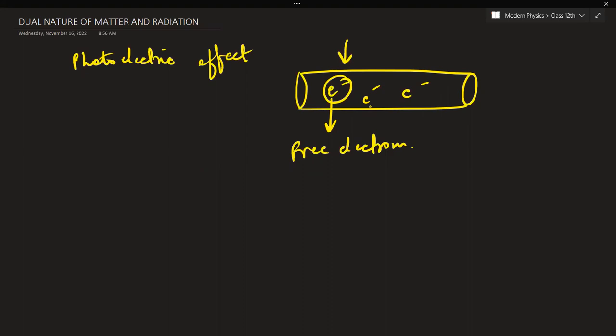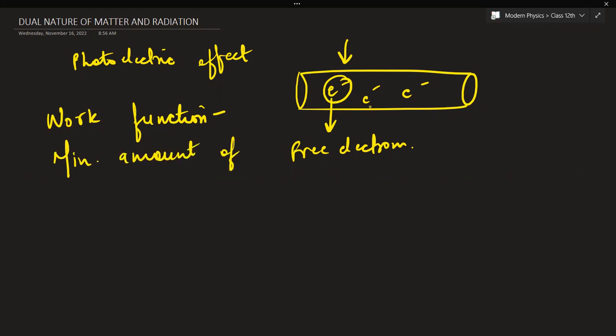Free electrons means it has the tendency to move. It can move, but it can only move when a certain wavelength, energy, or frequency, any of these is applied. So that minimum amount of energy that is required by an electron to just escape from any metal surface, that quantity is known as work function. So work function is basically minimum amount of energy.